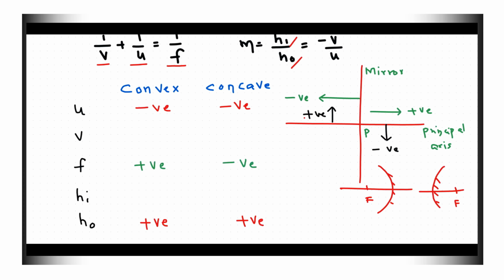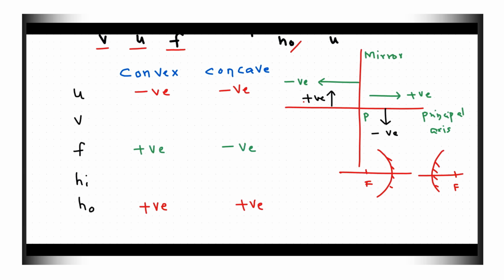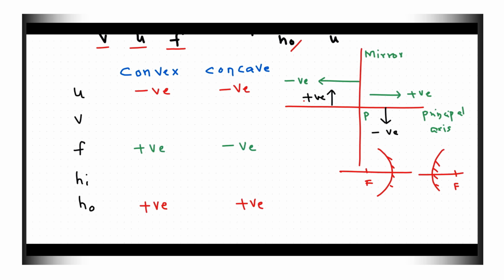The remaining 2, you need to check the image formation. In a convex mirror, the image is always formed to the right side only. So V is always positive. What does positive mean? It is a virtual image, which means it is formed behind the mirror.